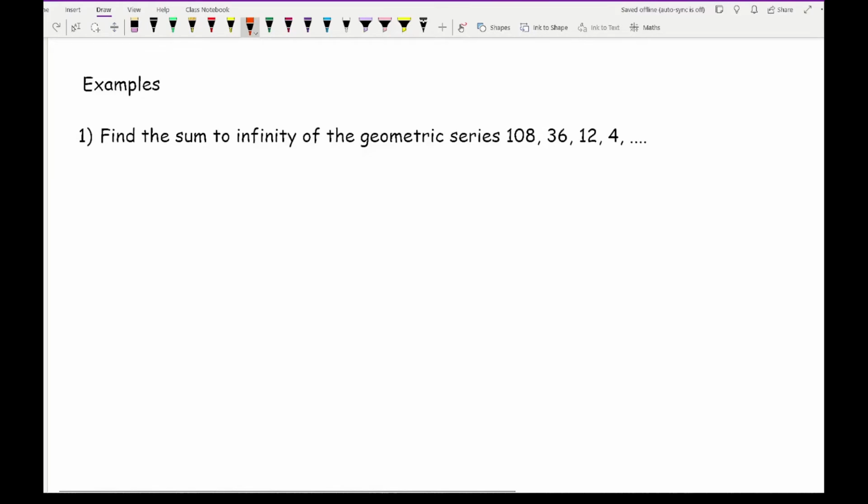So let's have a look at our first example then. The first question says, find the sum to infinity of the geometric series 108, 36, 12 and 4. Now, as always, what we want to do first is find the values of a and r. We do this exactly the same way as we've done with finding the nth term and finding the sum of n terms.